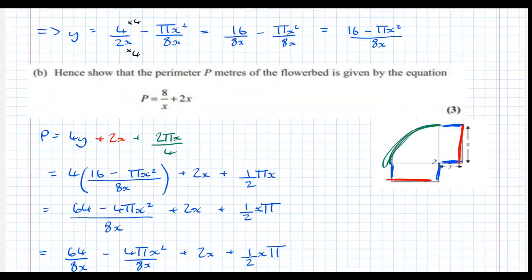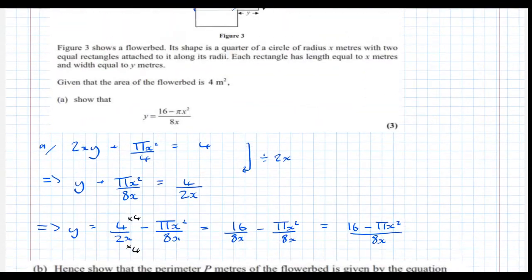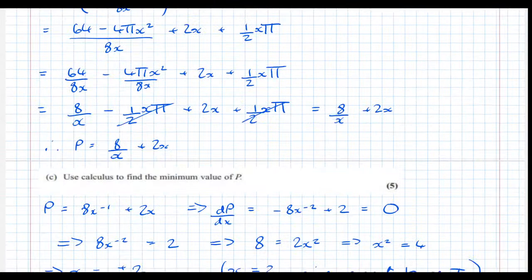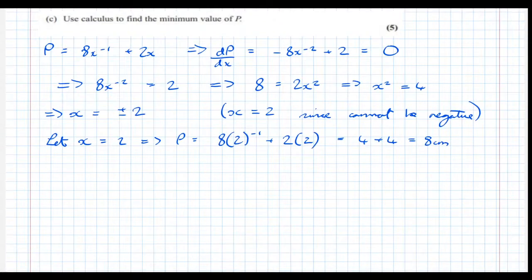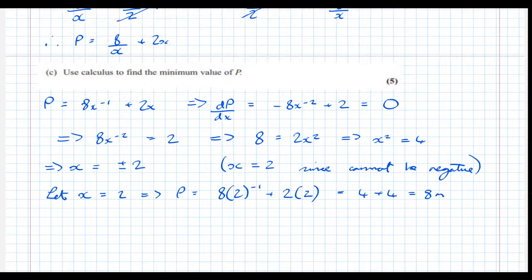Double check on the unit just to make sure. No, actually the units were meters. Shame to lose a mark that late on without checking the answer. There we go, 8 meters.